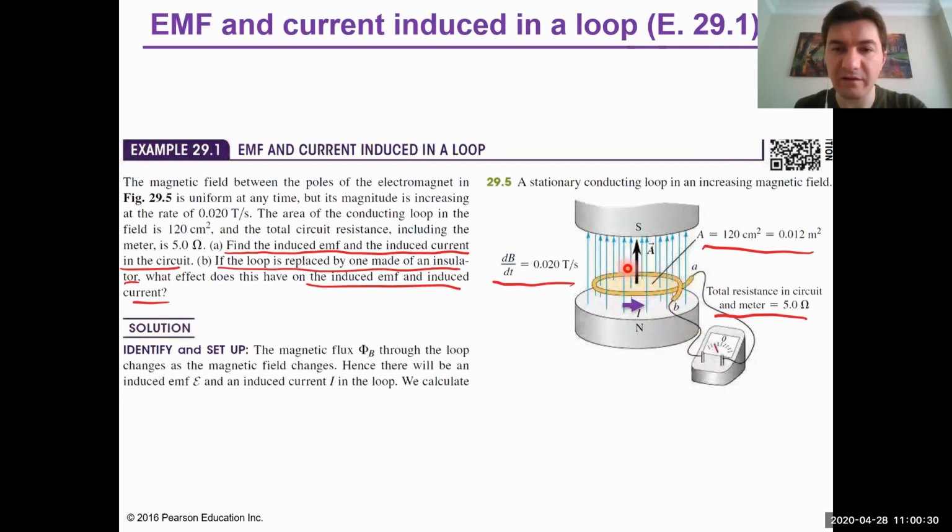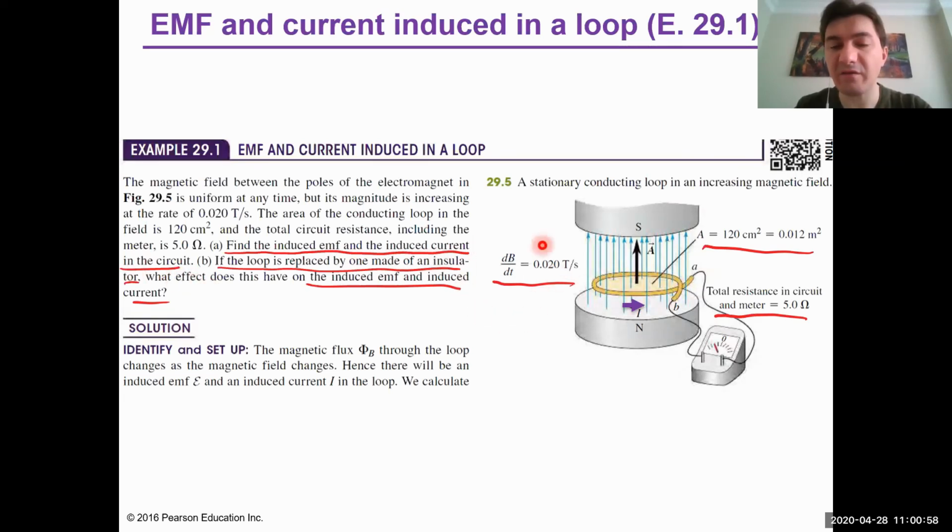The total resistance in the circuit and meter is 5 ohm. Then what is the question? Find the induced EMF and the induced current in the circuit.